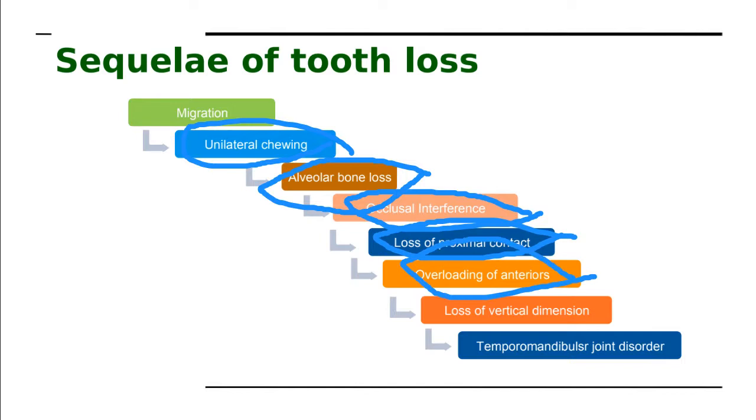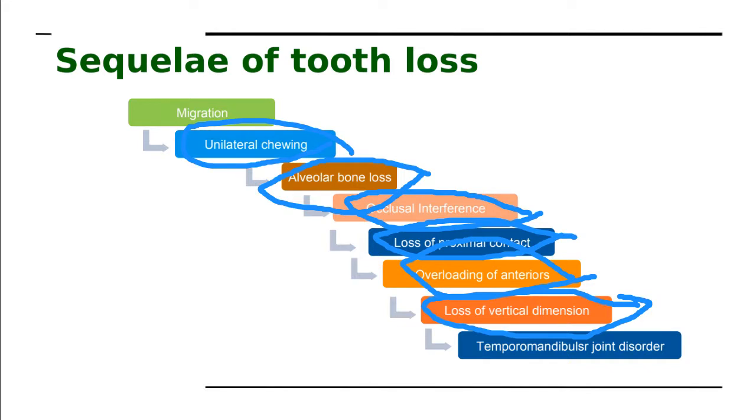So when you have no teeth in the posterior sides, more loading happens on the anteriors, and once this happens, there is loss of vertical dimension. The lower facial height, particularly from the tip of the nose to the tip of the chin, is lost.